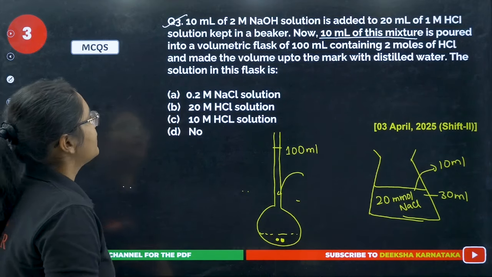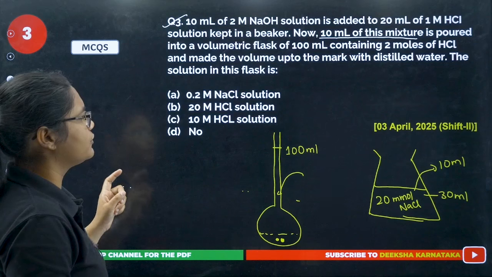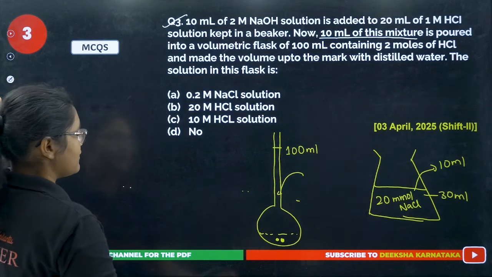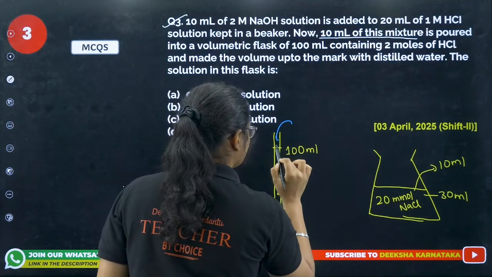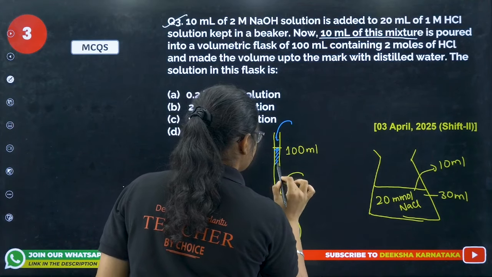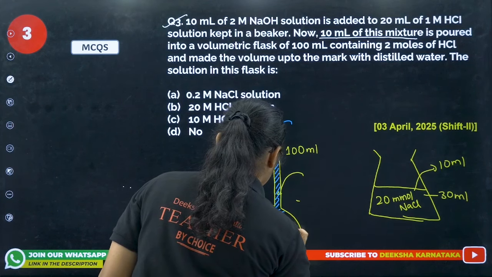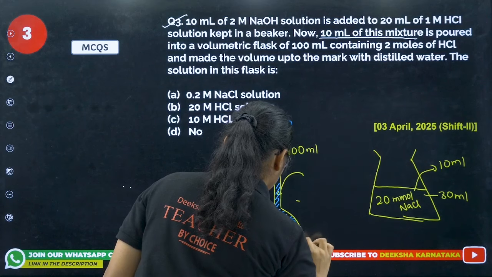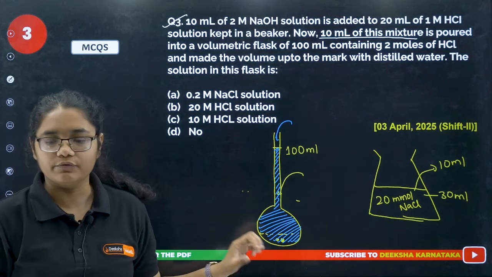And the volume is made up to the mark with distilled water. So we have added water up to 100 ml.